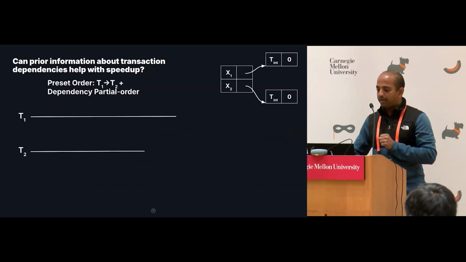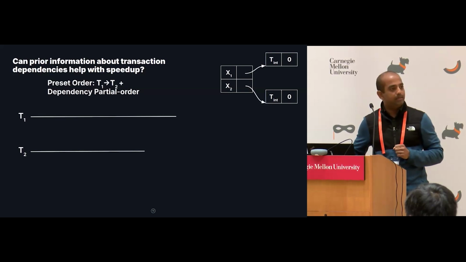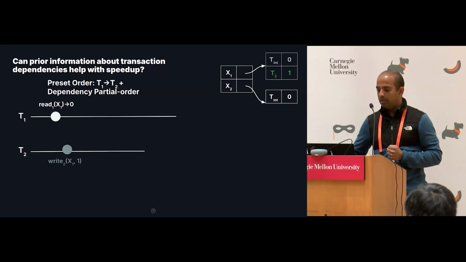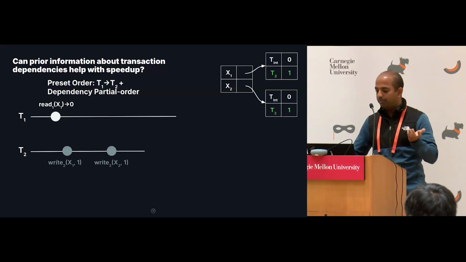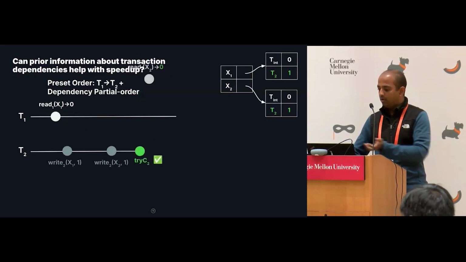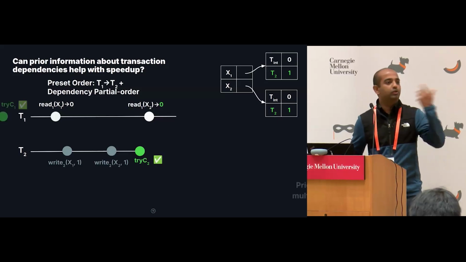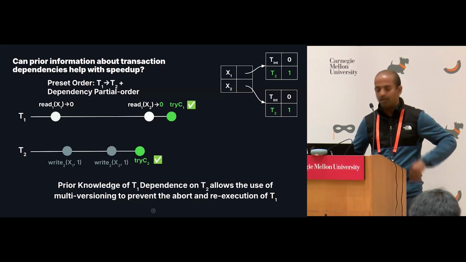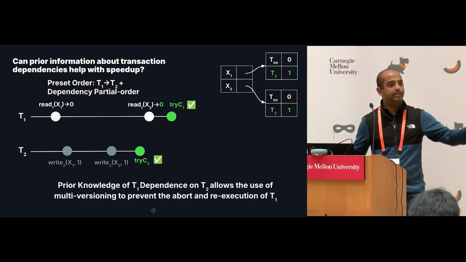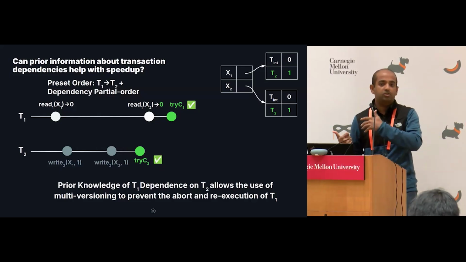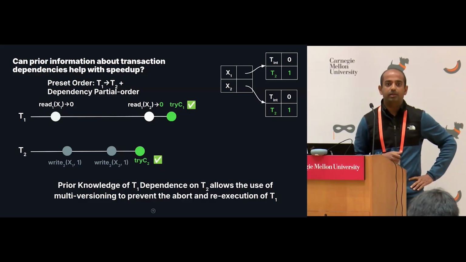So if I had prior information of this transaction dependency order, in this case the fact that T1 is dependent on T2, then transaction T1 would simply return the value 0 for the read of X2. It would leverage some sort of multi-version data structure, and this prior knowledge would allow the two transactions to execute concurrently, essentially preventing transaction T2 from having to wait for transaction T1 to complete.